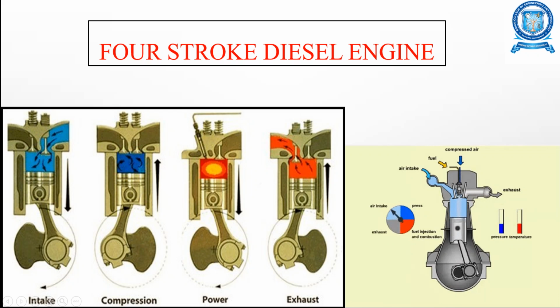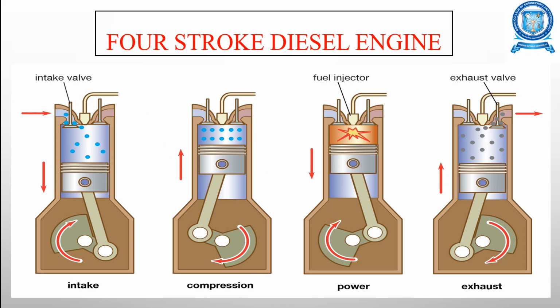We'll be studying this in detail. So these are the four strokes for the diesel engine: intake or inductance stroke, compression stroke, power stroke and exhaust stroke. The difference here is, instead of the spark plug which you have in the petrol engine, here you will have a fuel injector.